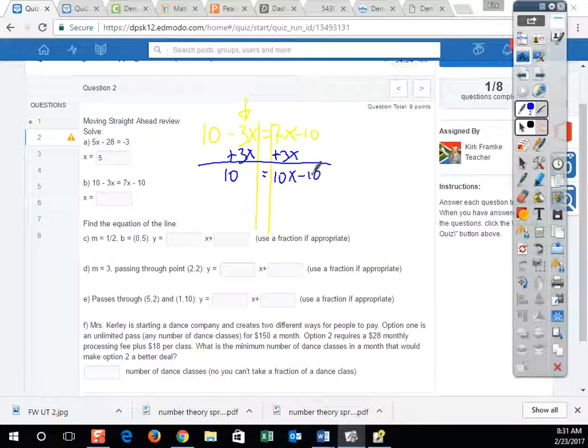All right, what's my next step to get the x's all by themselves? Izzy? Add 10. Let's add 10. So I get 20 is equal to 10x. What is my next step? Charlie? That's right, we're dividing by 10. Dividing by 10. And so we get x is equal to 2.